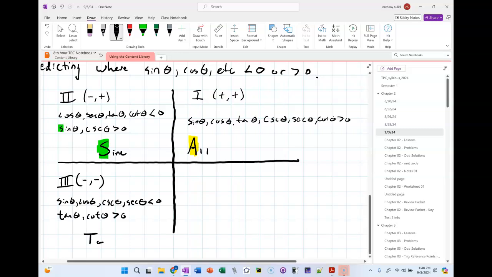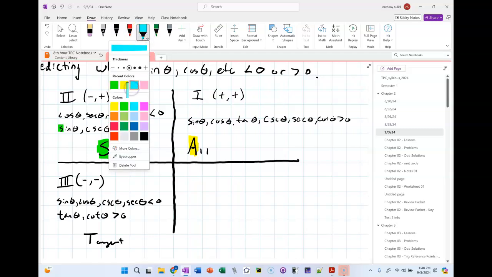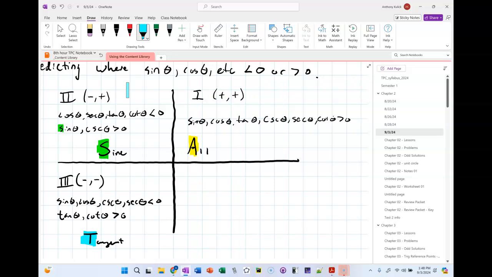So I'm going to write a T there for tangent and its reciprocal being positive. So far, so good? Because tangent and cotangent involve y over x or x over y, and negative over negative is positive, right? So those will be the only positive ones there.